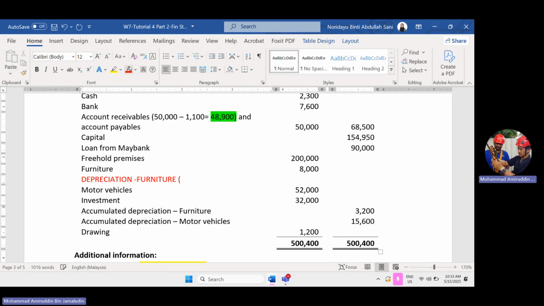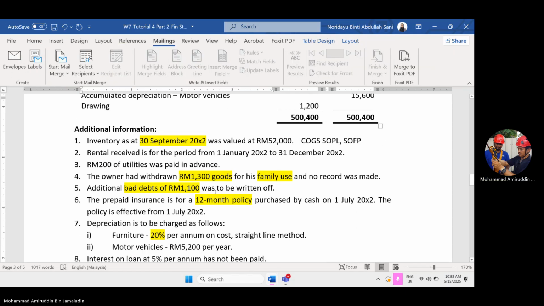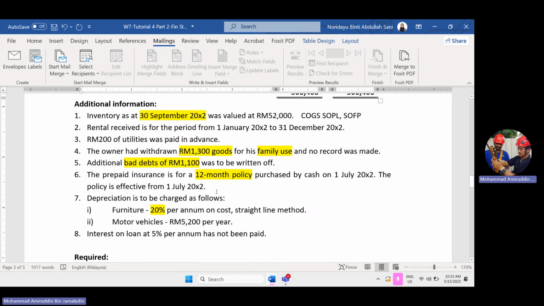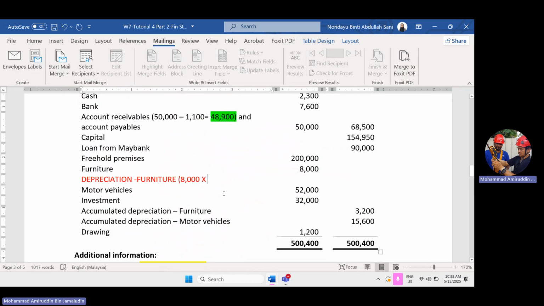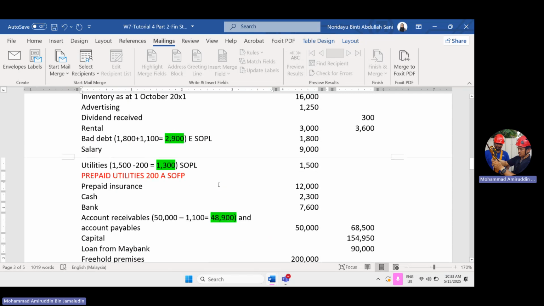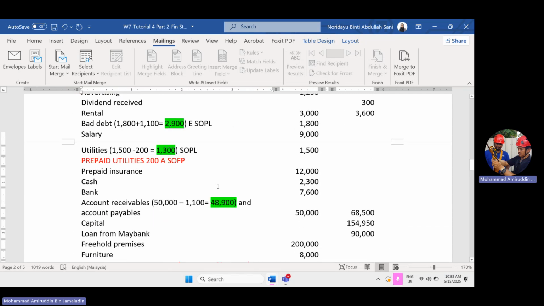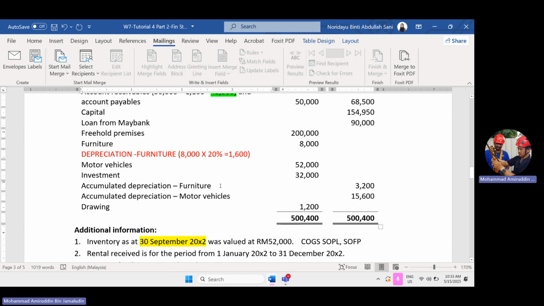Okay, 8,000, 20% per annum, straight line method. So 1,600. After that, your accumulated depreciation. Where is accumulated depreciation? Here, furniture.